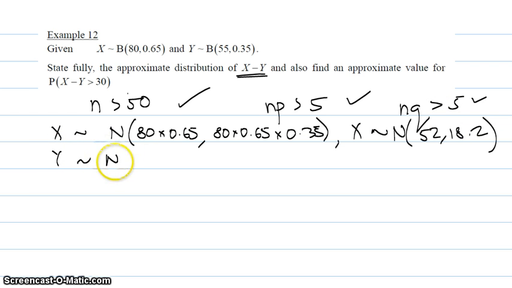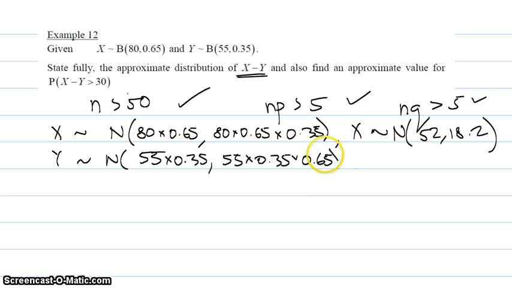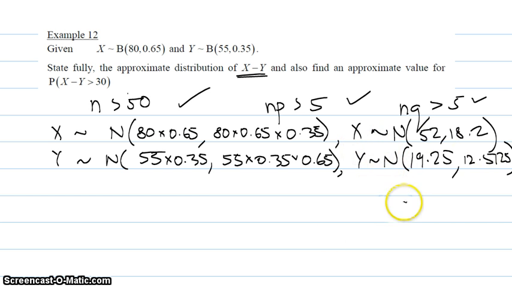Similarly, Y is normally distributed with mean 55 times 0.35, which is 19.25, and variance of 55 times 0.35 times 0.65, which is 12.5125.